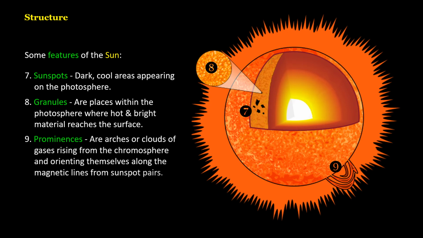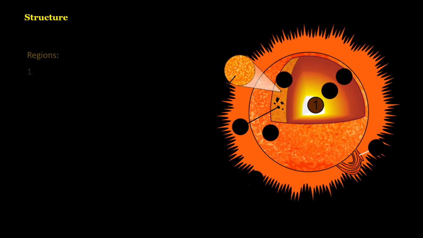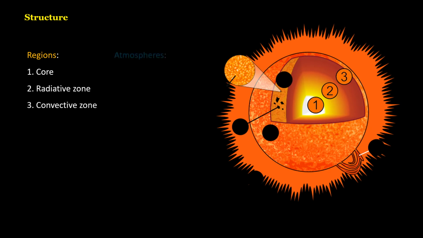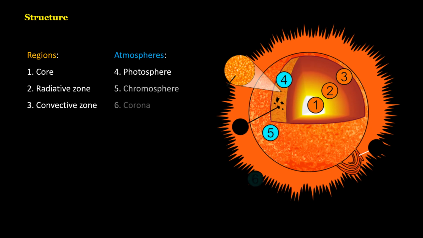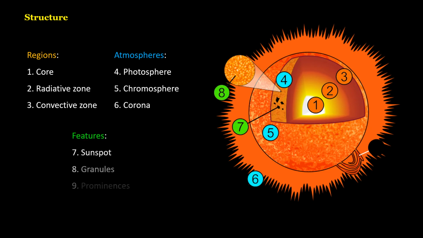Regions: 1. Core, 2. Radiative zone, 3. Convective zone. Atmospheres: 4. Photosphere, 5. Chromosphere, 6. Corona. Features: 7. Sunspot, 8. Granules, 9.